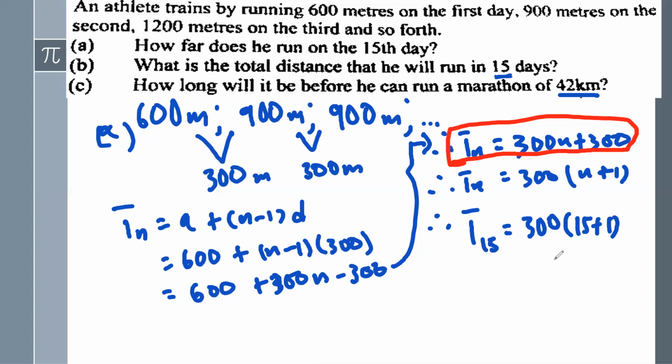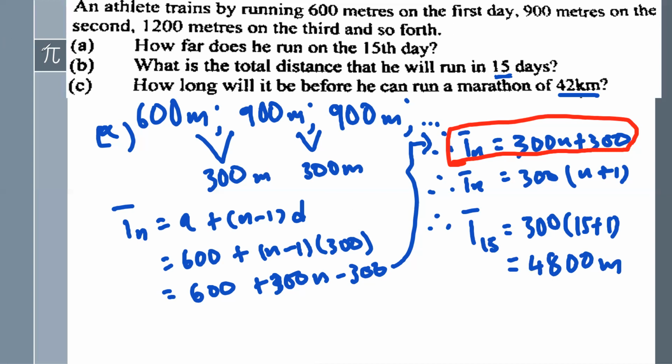You can just punch that in your lovely calculator. I don't know what you will get there, but my calculator gives me 4,800 meters. Remember, you are working with units here. So he does about 4,800 meters on day number 15.